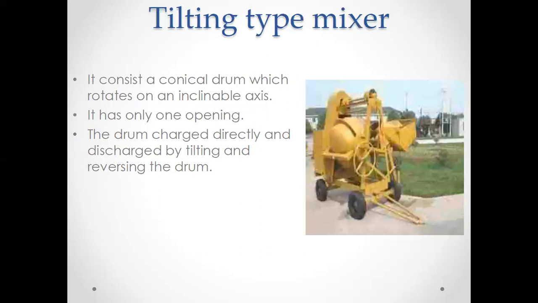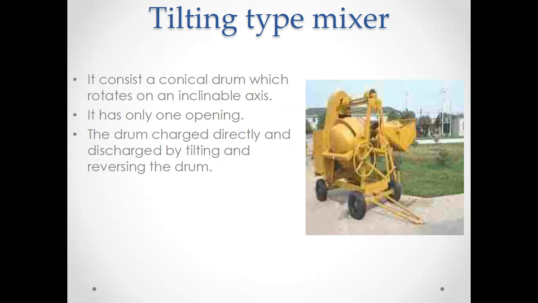Here you can see the tilting type mixer. It consists of a conical drum which rotates on an inclinable axis. So we can rotate it on any axis. That's why it is known as tilting. Tilting means we can tilt it to any angle. When we are going to pour the concrete in this, we can incline it as per our convenience. When it is going to mix and revolve, we can use it in a 90-degree direction.